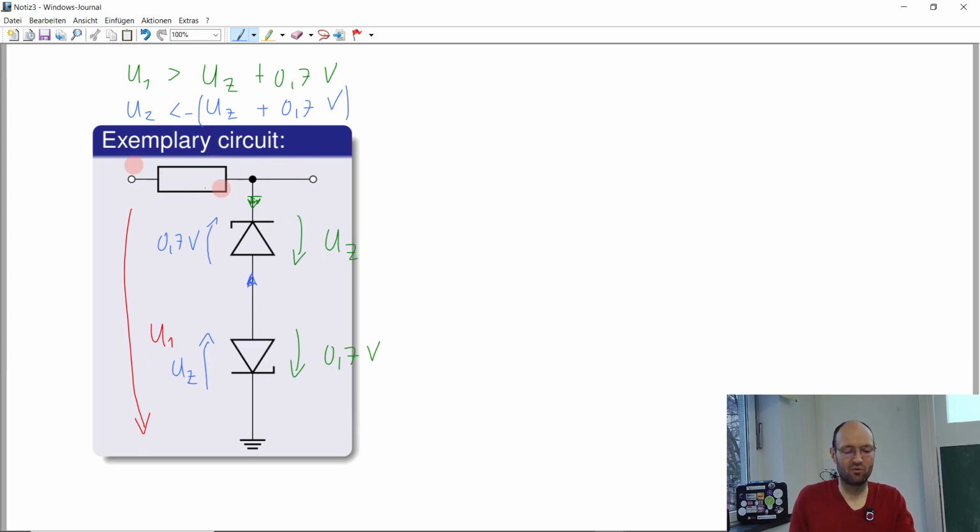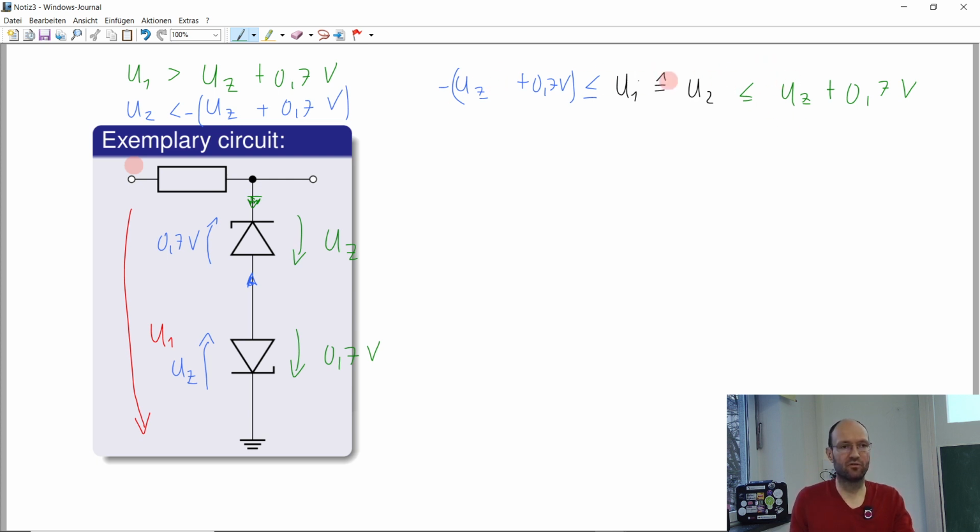So this type of protective circuit, if we do the same comparison as before, will limit our input voltage U in, and therefore more or less the output voltage, except for the voltage drop across this resistor, to this range: the voltage will always be larger than minus Zener voltage minus 0.7 volt, and always smaller than Zener voltage plus 0.7 volt.